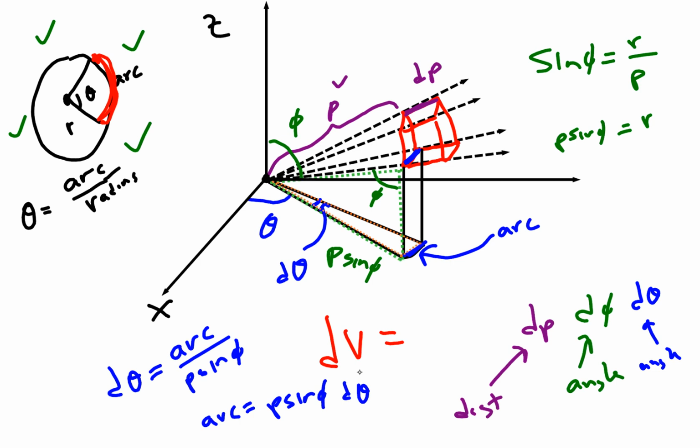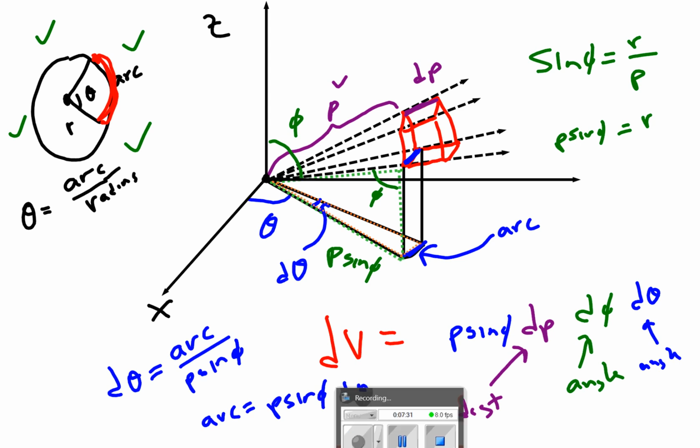So what does that mean? It means that we have another contribution to our dV over here. We can put rho sine phi in there. So we're getting there. We're happy with this because an arc here has a length, and this has a little length up here, and here, and here, and here. And that means we're starting to build a volume.